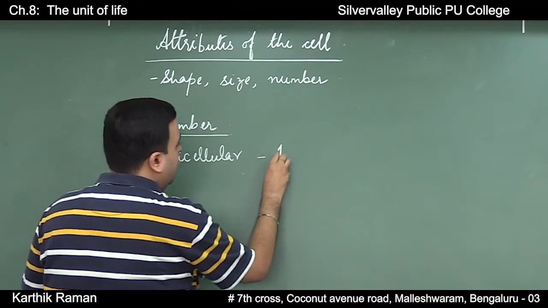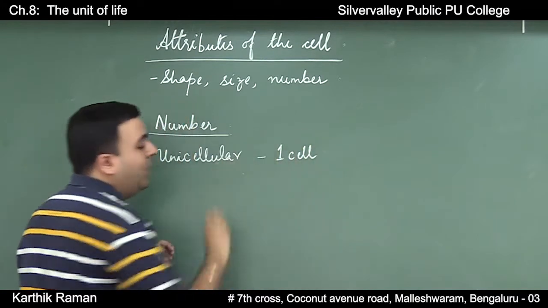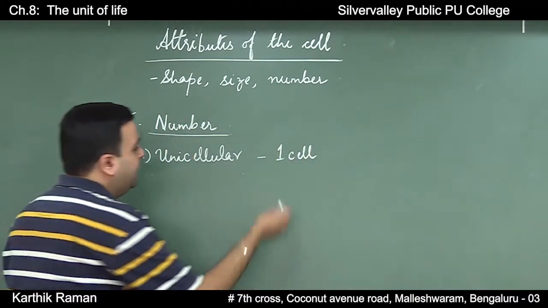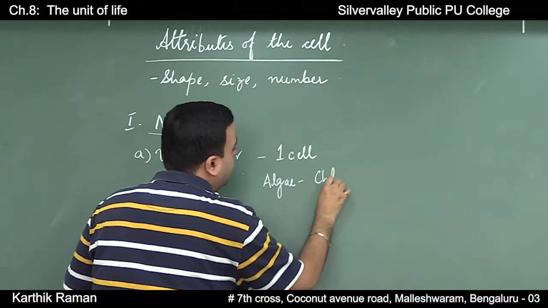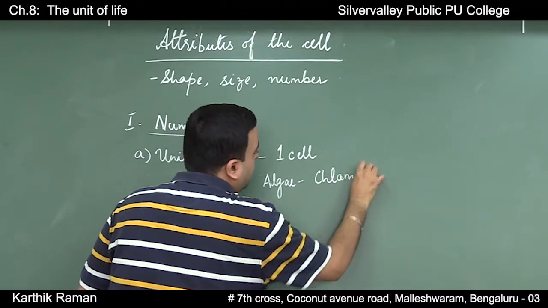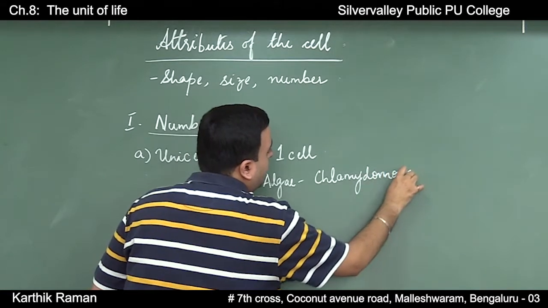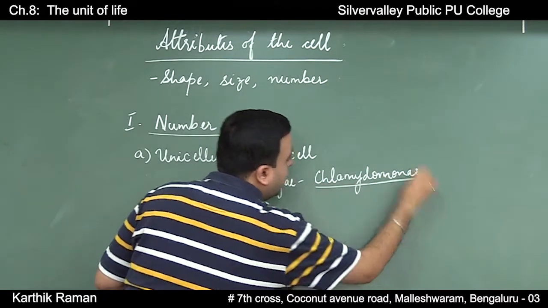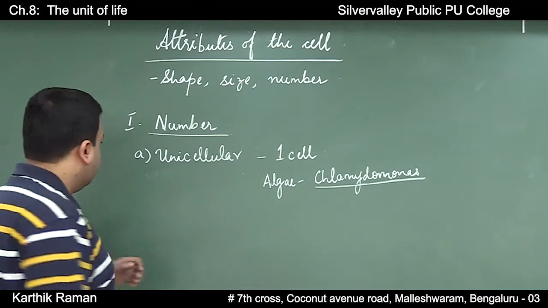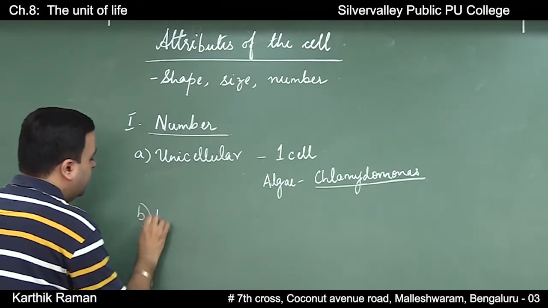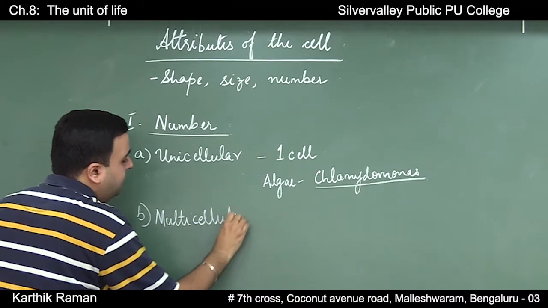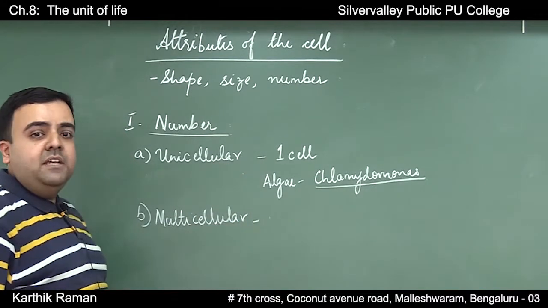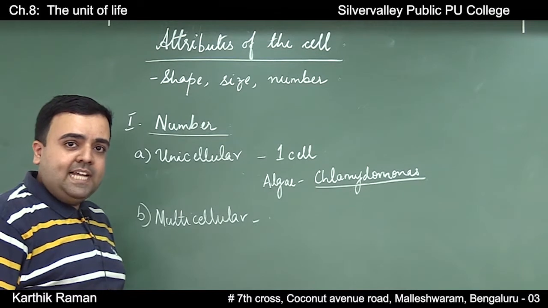Unicellular meaning they are made up of only one cell. So that will be, for example, algae, Chlamydomonas.